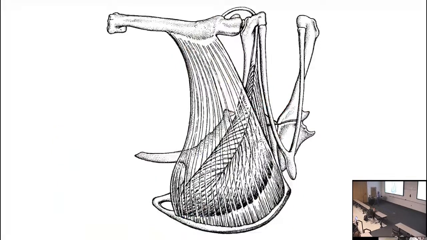Now the keel, the carinate structure. What that allows is to greatly increase the flight muscles. Or if you're thinking about it in terms of tasty, tasty turkey or chicken, the white meat.